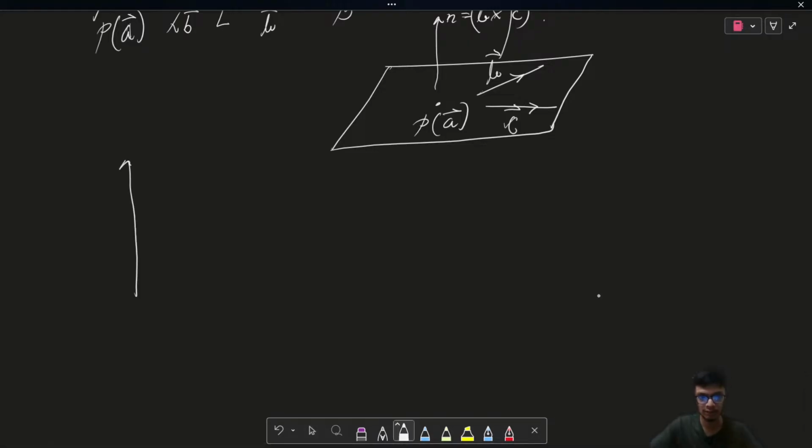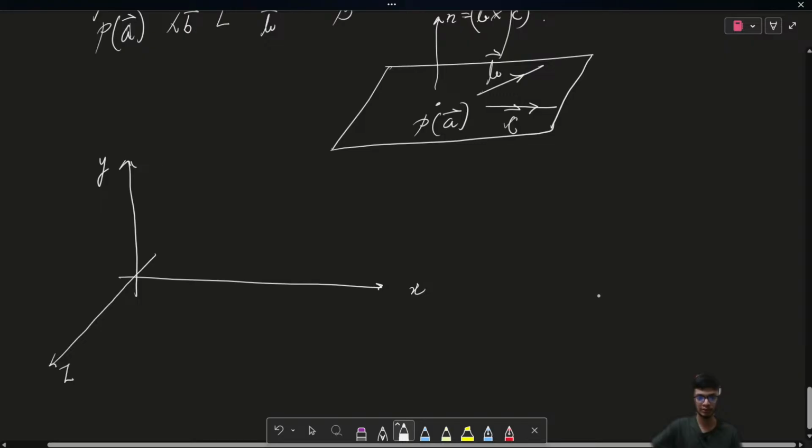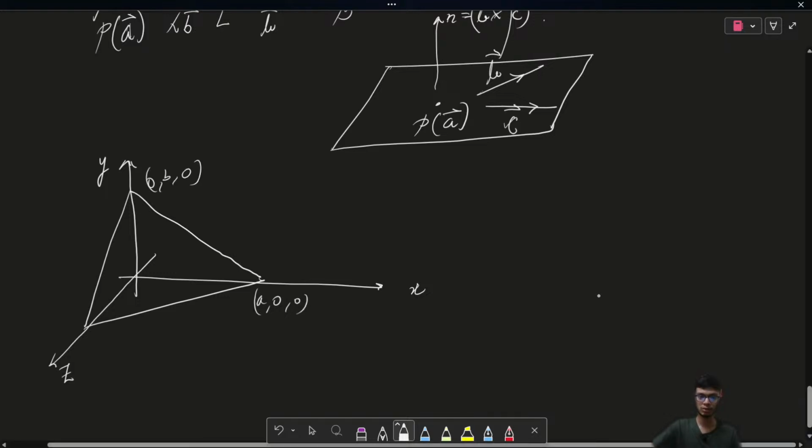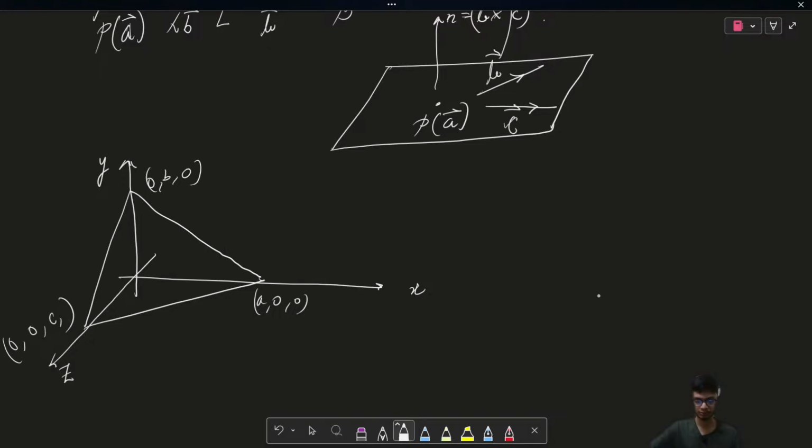So if you recall, in your straight lines there is something called an intercept form, right? Similar to that, there is also an intercept form of the plane, right? So let us say I have my plane something like this, which is intersecting the x-axis at a comma 0 comma 0, y-axis at 0 comma b comma 0, and z-axis at 0 comma 0 comma c, right?